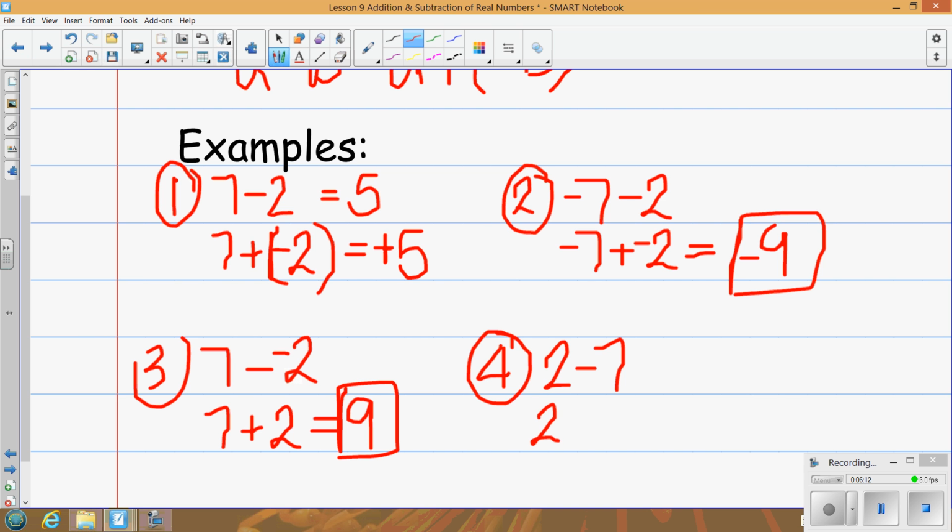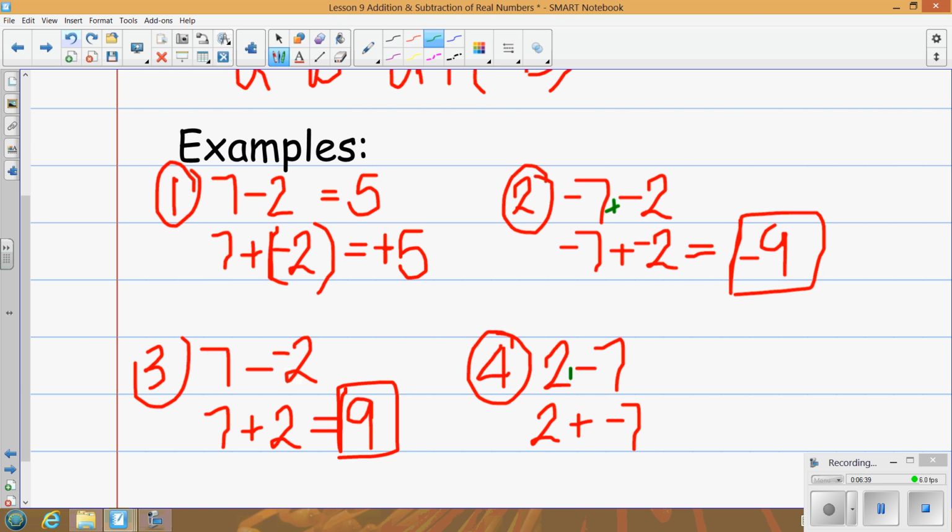Again, same thing as saying 2 plus negative 7. I'm just adding the negative. Basically, I think of it as you're just putting a plus sign in between the two terms. So in all of these examples, I'm really just putting a little plus sign in between. And whenever it's a negative minus a negative, it just becomes plus.